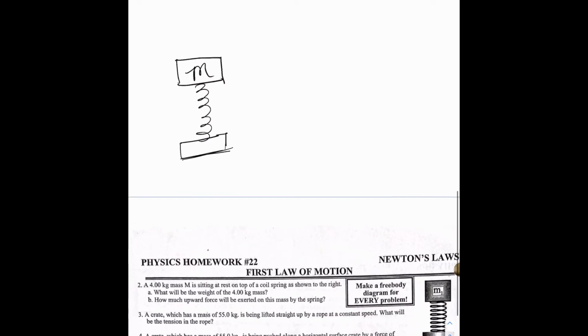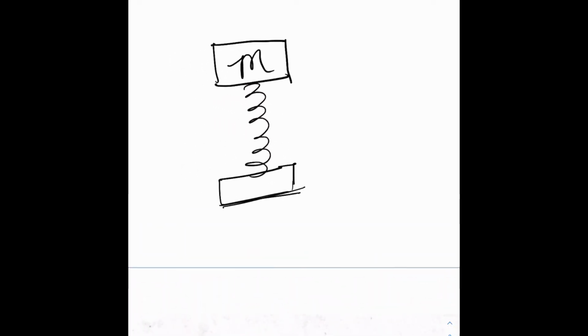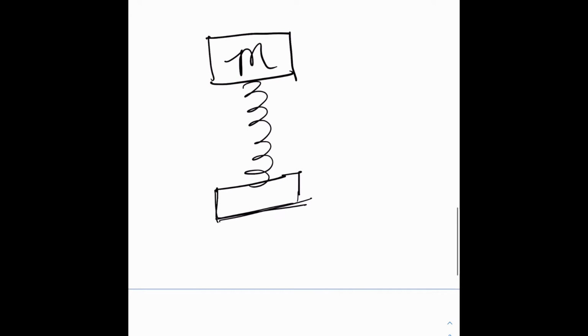There's some kind of platform, I think, here. All right, something like that. And it's just sitting there. So it was set on there, and it's able to rest right on the spring. The spring is compressed, and we get something like this.